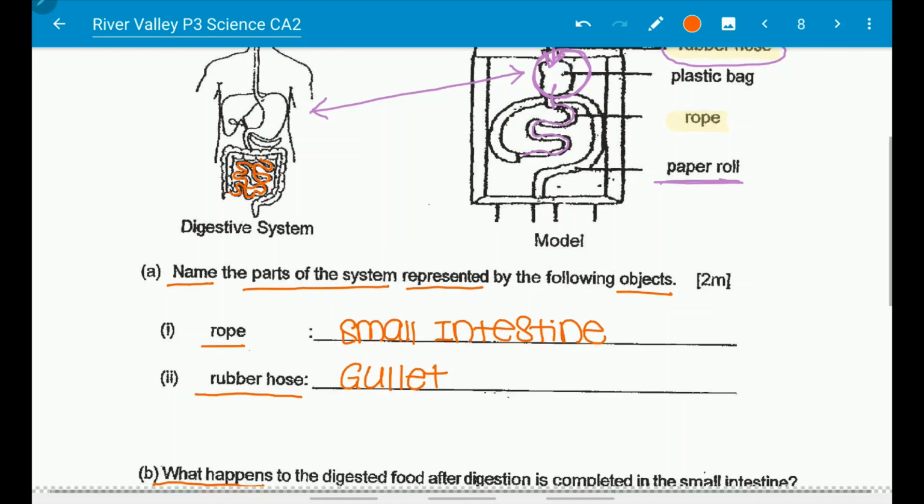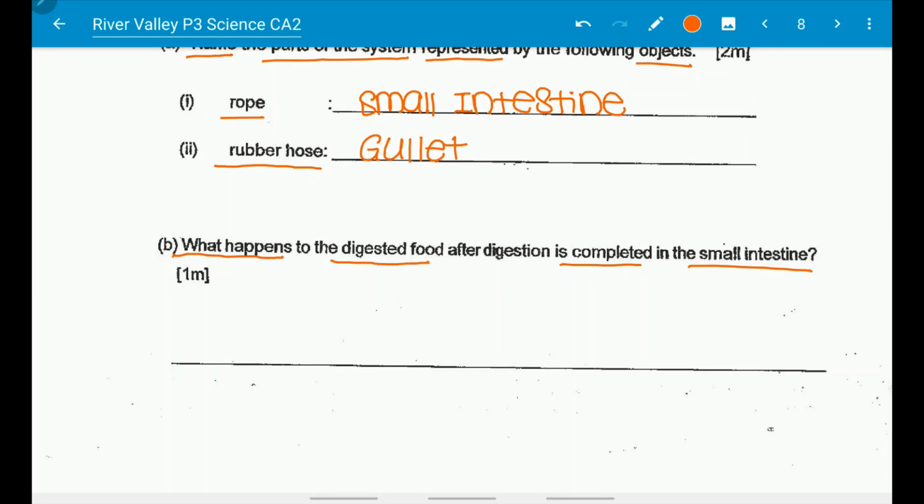It actually enters the bloodstream. Some of you may be a little confused because you may think that after the small intestine, the food goes into the big intestine. But remember, they're looking for where the digested food goes. What enters the big intestine is the non-digested food.